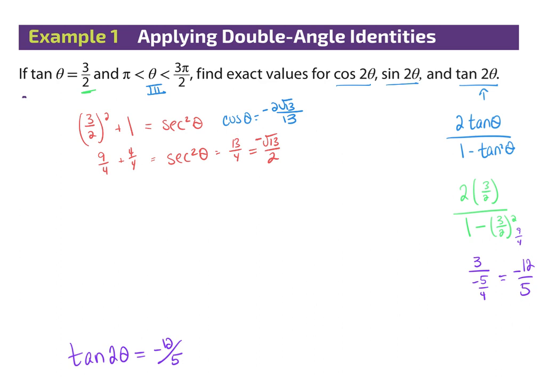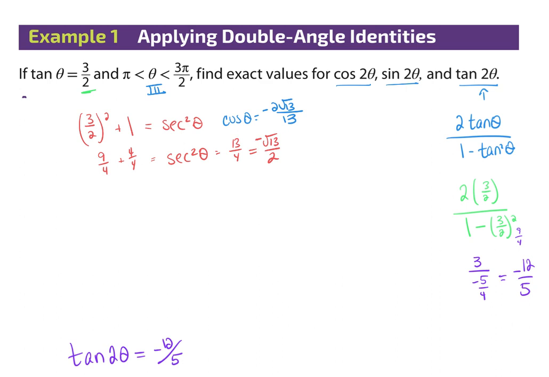If I need to know my sine, I can use a Pythagorean identity here as well if I want to. I can say, well, I know my cosine. I can do sine squared plus cosine squared equals 1, and I can find out what my sine value is as well, and plug it in. So I can do it whichever way I want.